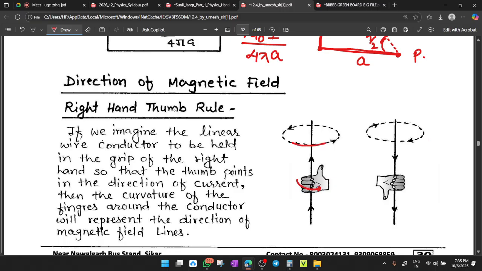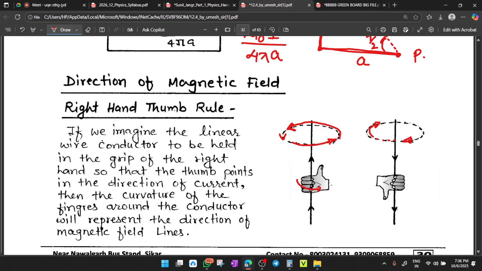From the front side, the magnetic field will go inside the plane of paper. Like your conductor is downward, then place your thumb like this, and you see your fingers will curl like this. So this is the direction of the magnetic field. Clear?